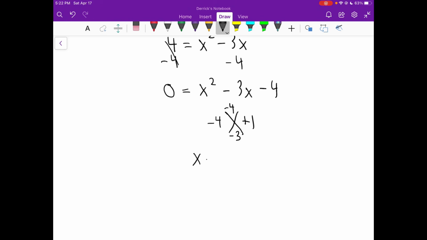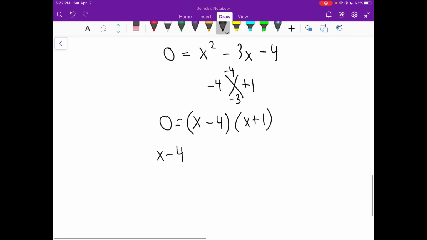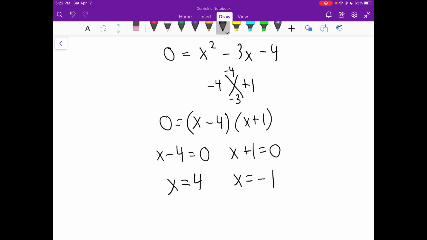So I've got factors of x minus 4 and x plus 1, and I would now want to set each of them equal to 0 separately to solve, giving me x equals positive 4 and x equals negative 1.